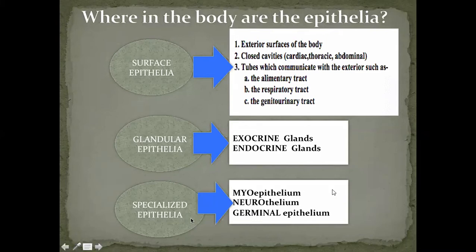Another example of specialized epithelia is the germinal epithelium, the coverings of your seminiferous tubules. All of this, we will go through the examples one by one as we go along.